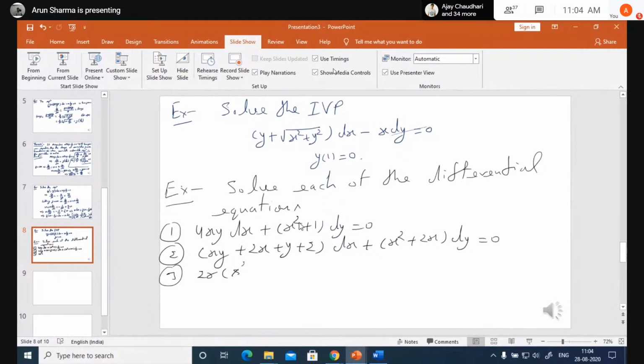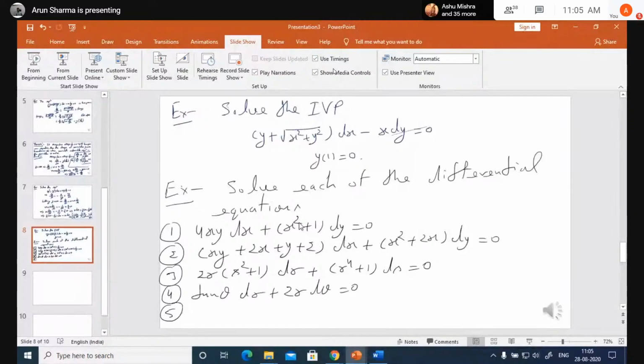Third: 2r s square plus 1 dr plus r to the power 4 plus 1 ds equals to 0. Fourth example is tan theta dr plus 2r d theta equals to 0. Yes or no?